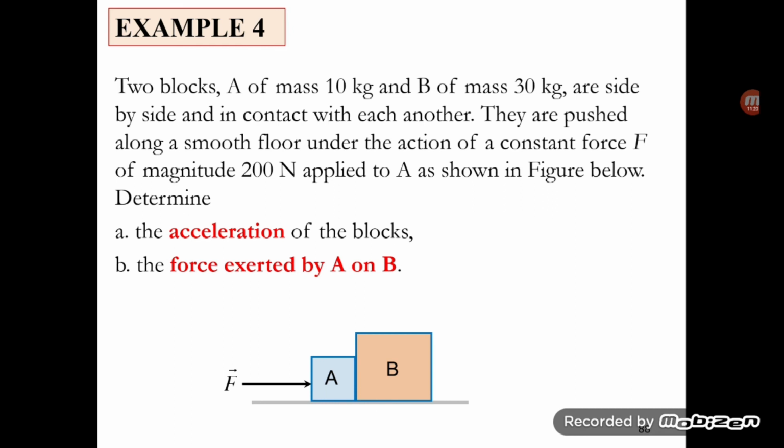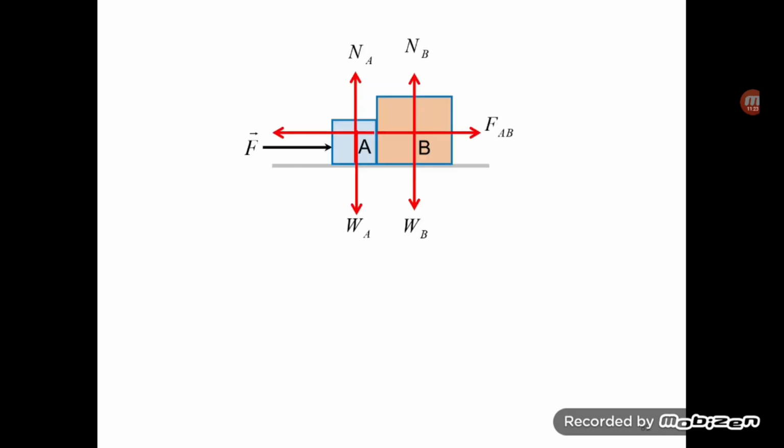Okay, look at the solution. Draw all the forces acting on block A and block B. This system, block A and block B, moves to the right, pushed by the applied force of 200 Newton. So we apply Newton's law of motion.